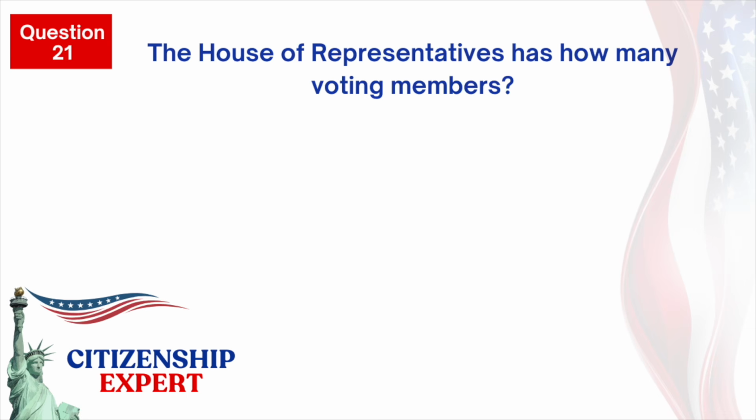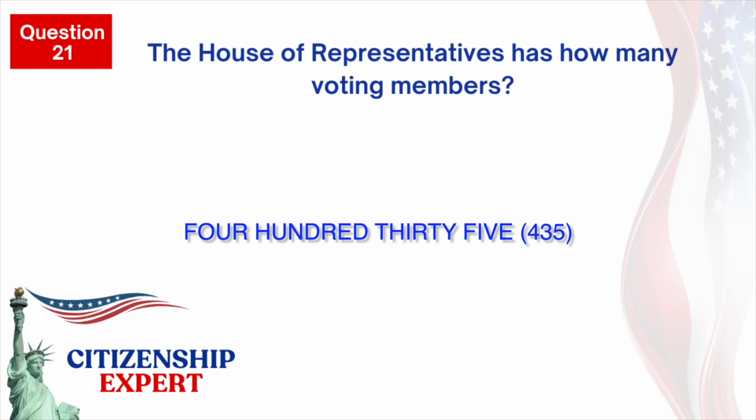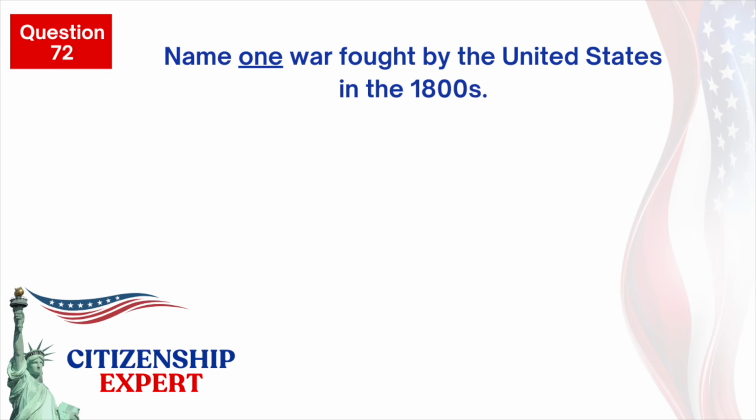The House of Representatives has how many voting members? 435. Name one war fought by the United States in the 1800s.